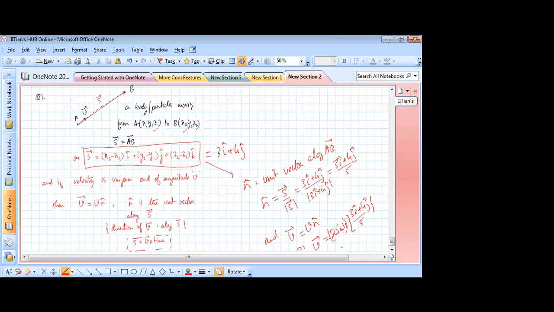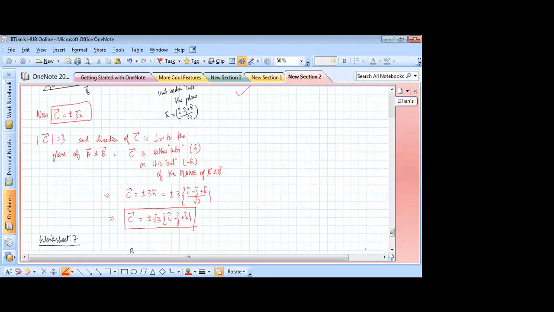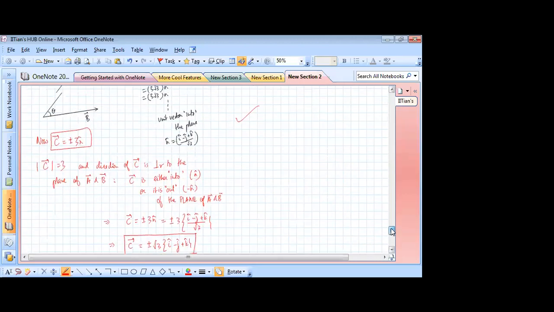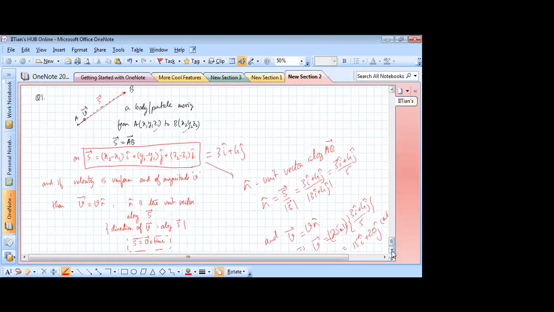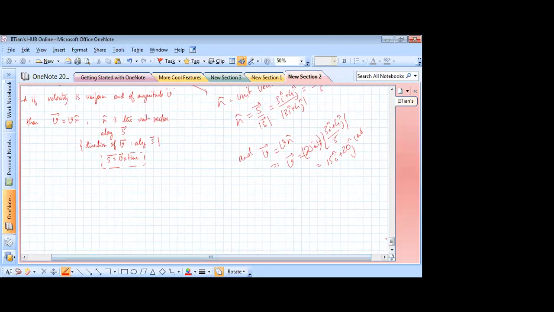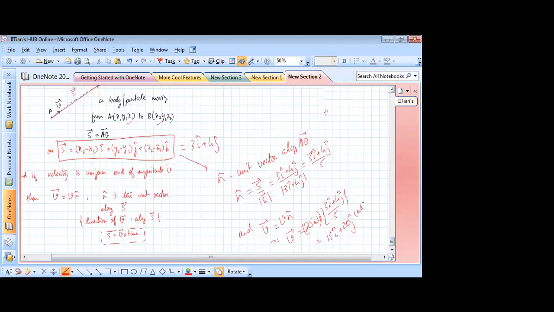So as you can see, the velocity vector becomes 15 i cap plus 20 j cap in meters per second. Each component has a magnitude in meters per second. So that becomes my final answer.